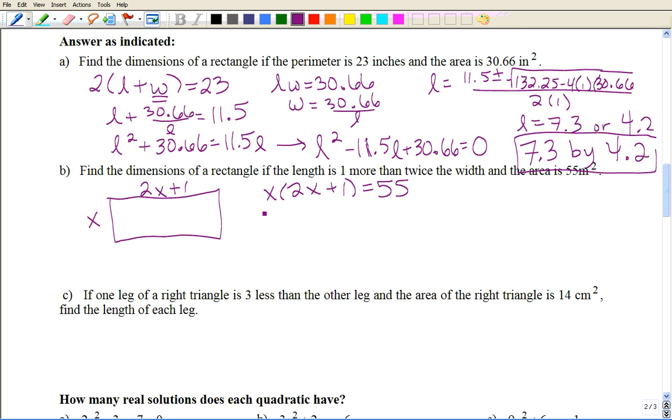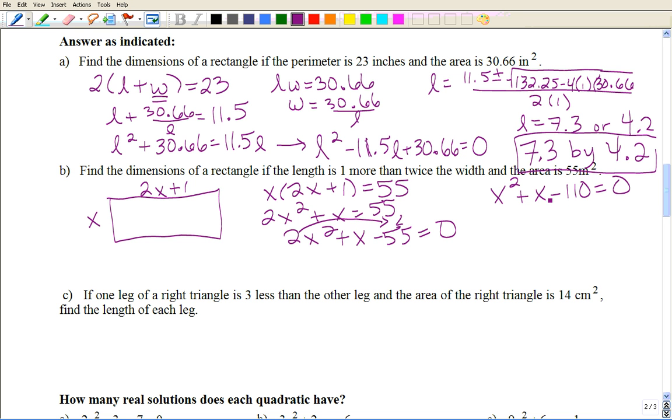So if I distribute this x, I'll have 2x squared plus x equals 55. And I'm going to subtract over the 55. So I have 2x squared plus x minus 55 equals 0. And I'm going to try the slip and slide here. So if I move the 2 over, I'll have x squared plus x minus 110.